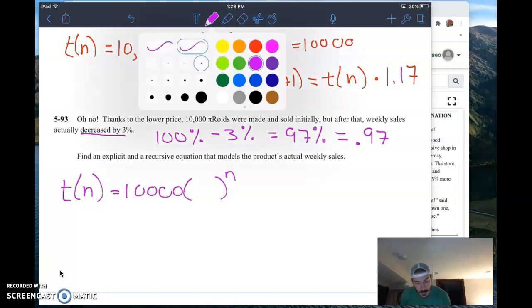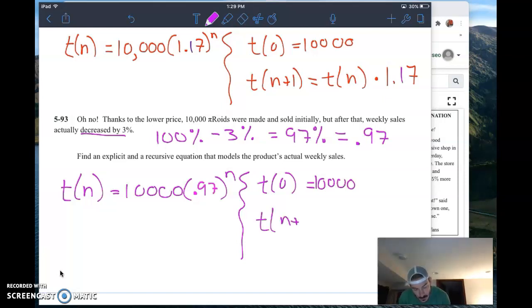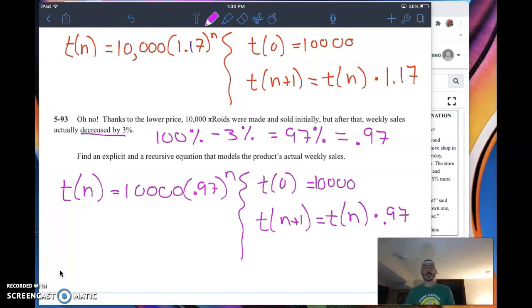That growth factor now has become a decay factor. Likewise with my recursive rule, we start with 10,000, but then I multiply by 0.97. So we're going to see an overall reduction.